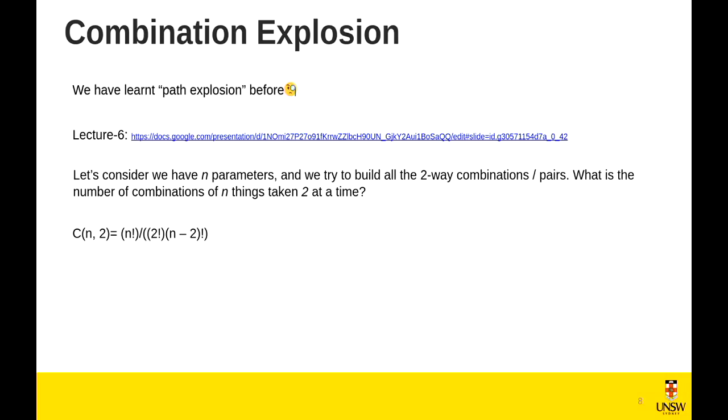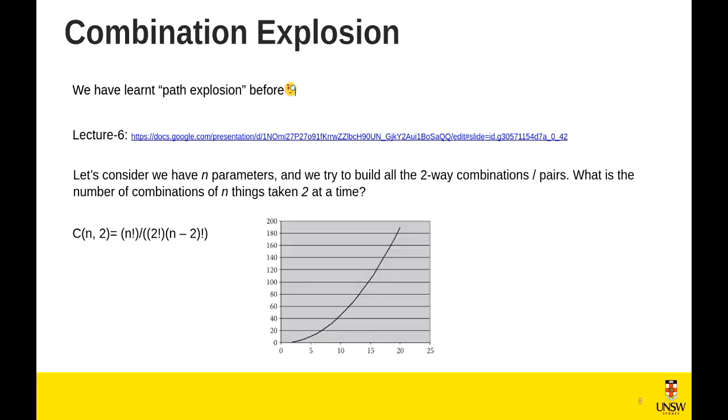And if we plot this formula here, this is what we will get. The x-axis is the number n, and the y-axis is the number of pairs we will have. And you can see that we will have too many pairs, even if we do a pairwise, even if we do a two-way combination. If we increase the number of n, we will get more test cases.